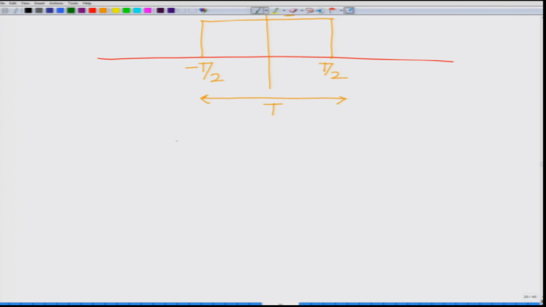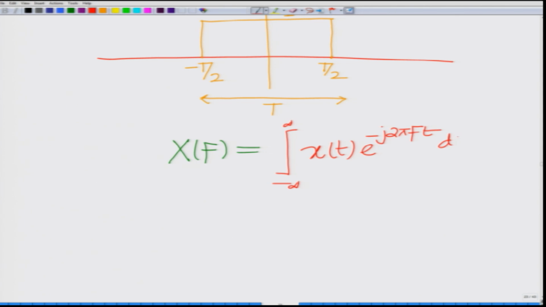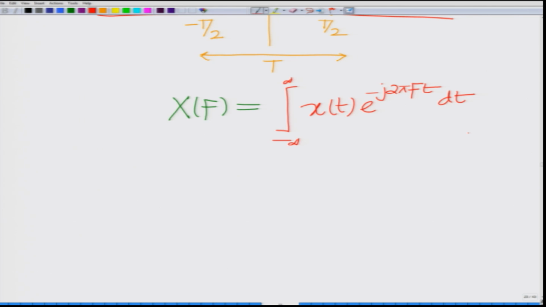And we know the Fourier transform, we have shown the expression earlier, that is X(f) is given as the integral from minus infinity to infinity of x(t) e to the power of minus j 2 pi f t dt, and x(t) is non-zero only from minus T by 2 to T by 2, in which it is 1.